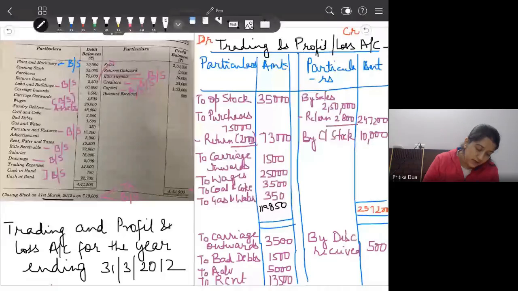Rest of you also check this. It will be to gross profit transferred to P&L account.